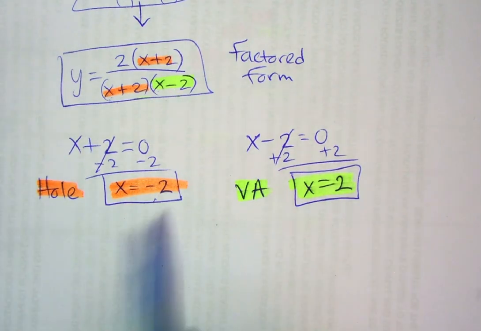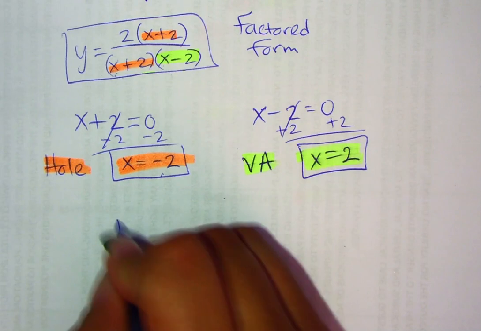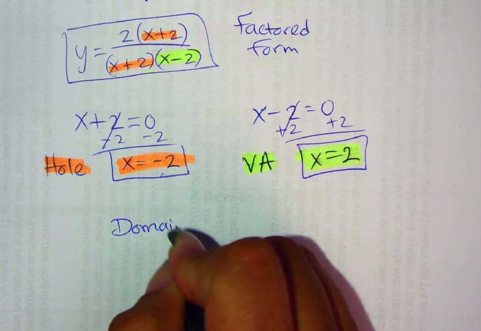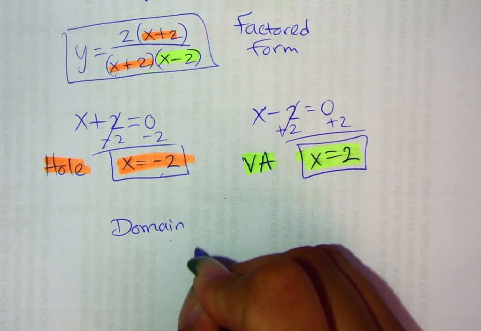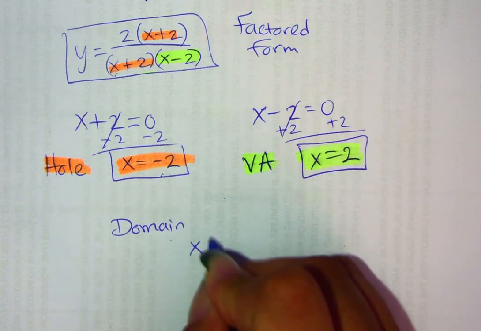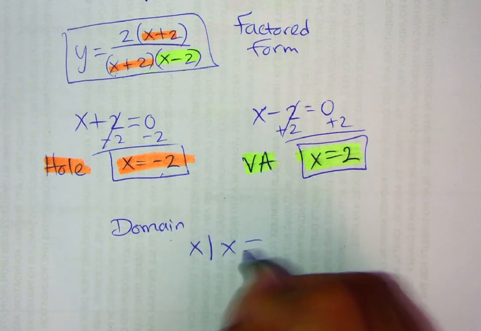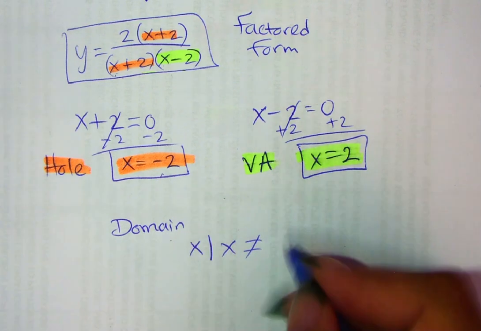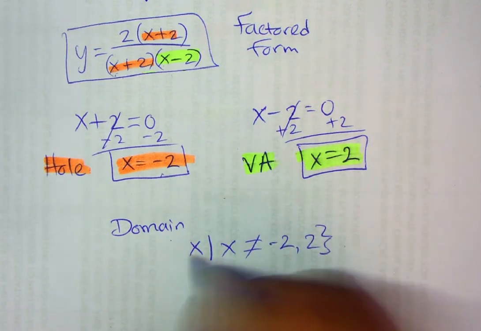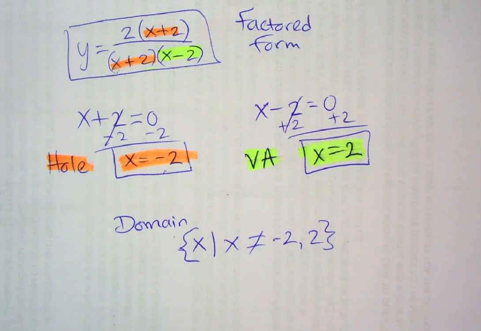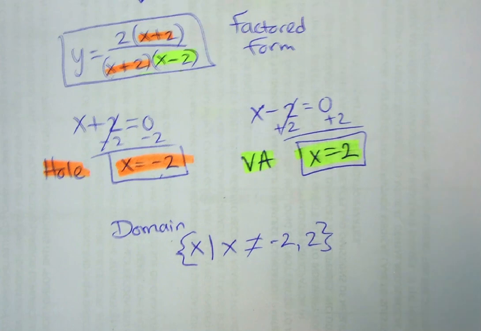Once you find these two values, you have to summarize your work by saying, my domain is any x value such that x cannot be these two values. So any value works except for these two in the graph. And that's it. That's all that you do in this topic.